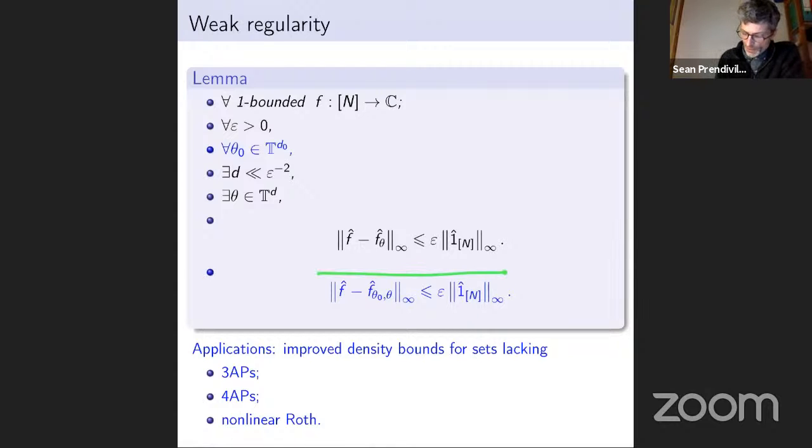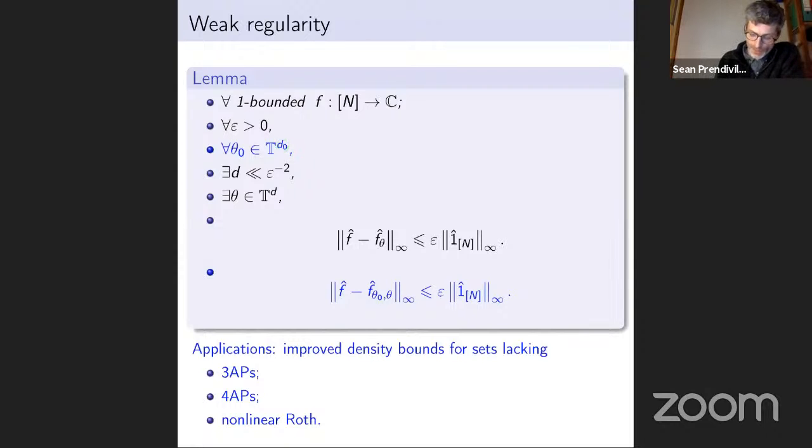So I want to prove a similar weak regularity lemma, but this time I want my approximant, my projection, to be a refinement of a projection I've already been given. So imagine you've been given a projection with respect to this vector theta 0 of dimension d0.